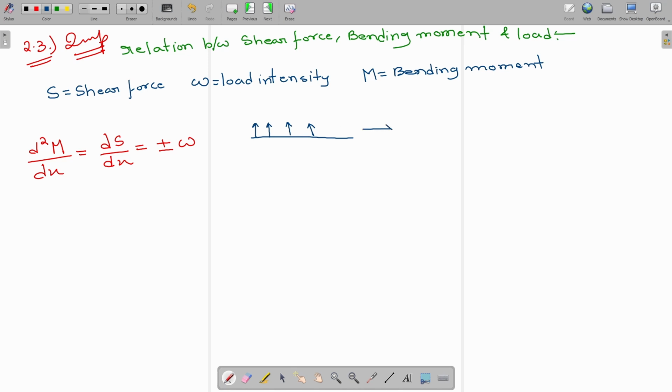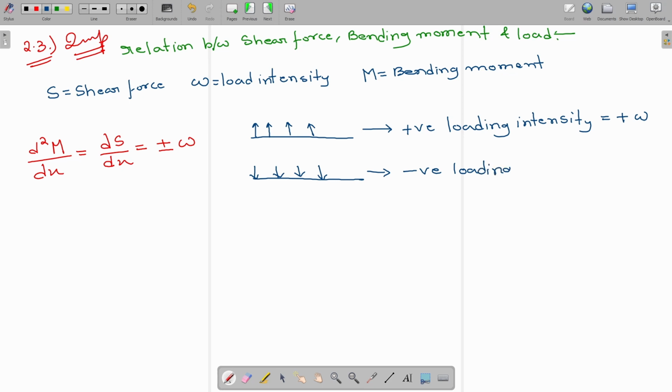So in this case, positive loading intensity, there is plus W. And this is the same beam and the loading is in the downward direction. It means negative loading, minus W.